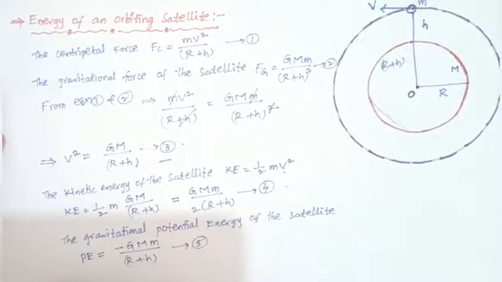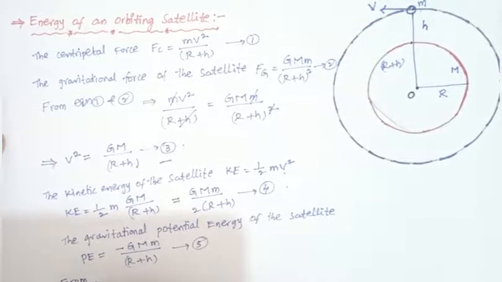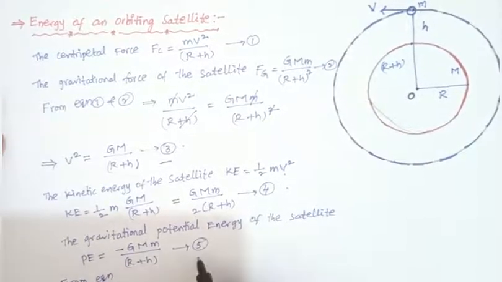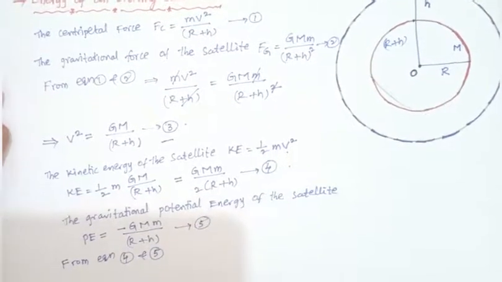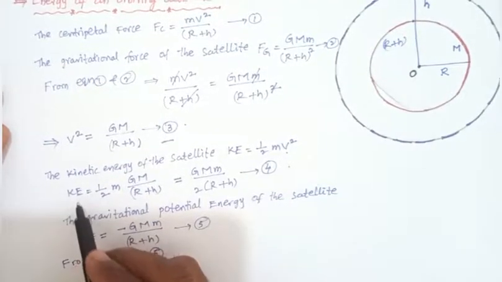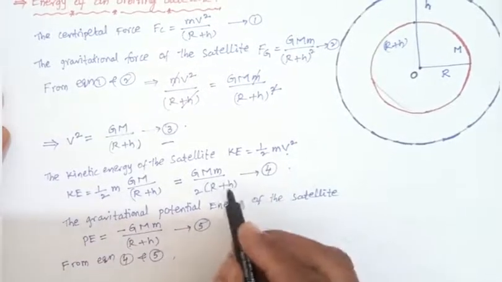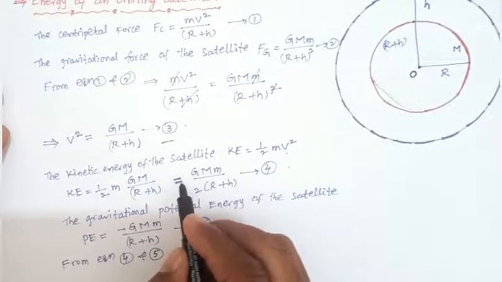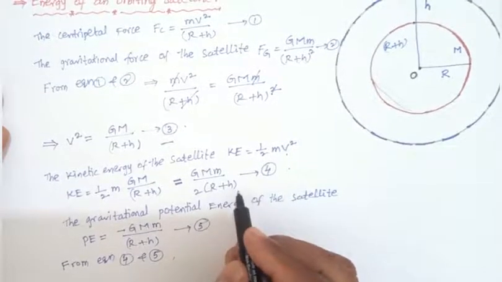From equation number 4 and 5, we can write that the kinetic energy is positive, GMm by 2 into R plus h.